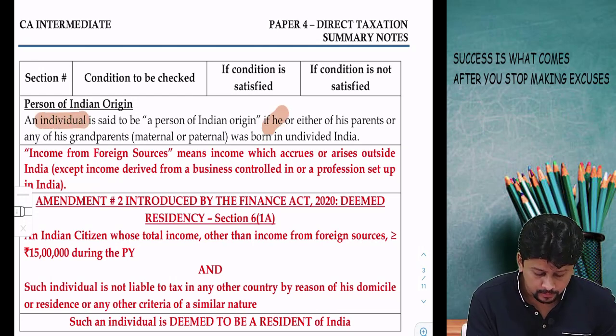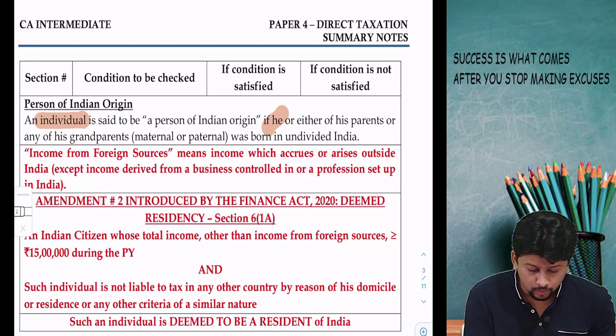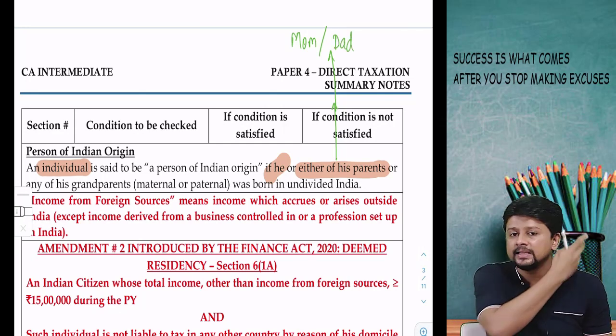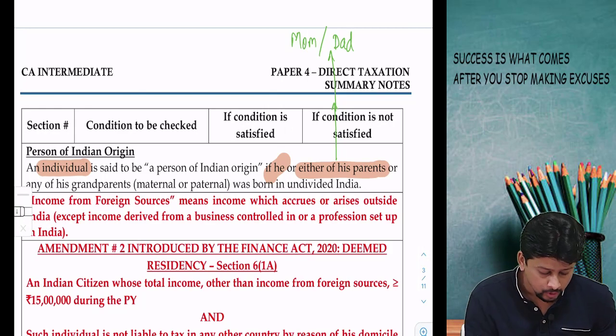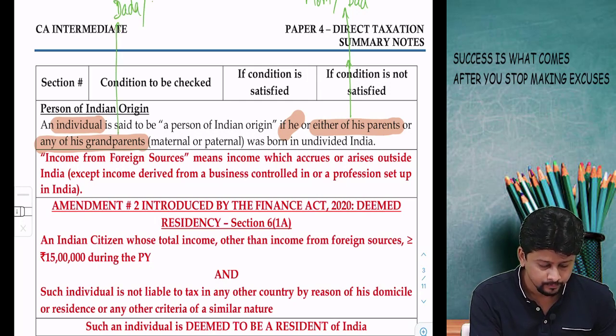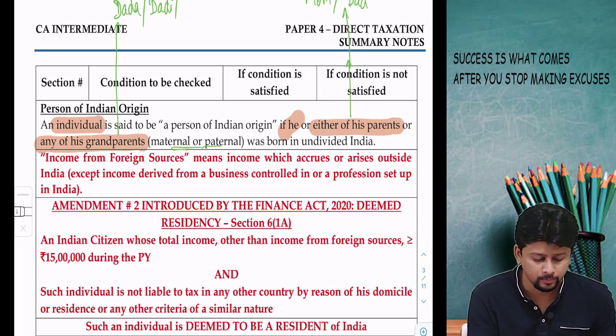If he himself or either of his parents, I mean I am talking about mother or father, it's not and, it is or, either one of his parents or any of his grandparents, and grandparents from both sides, maternal and paternal, both are covered.